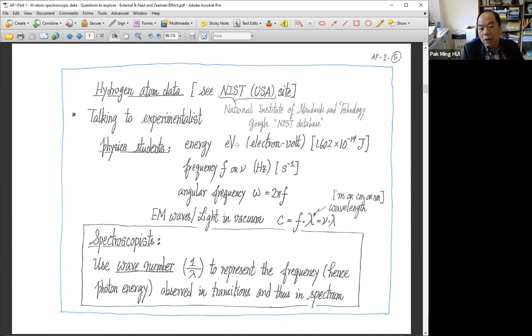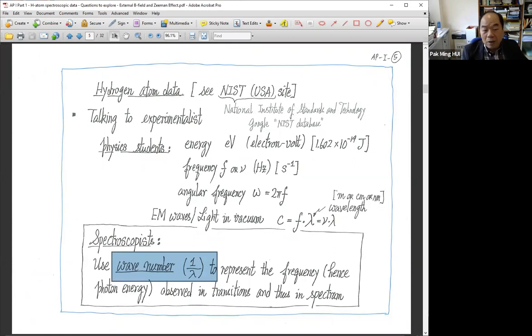Okay, so but before showing you the table, you better know the language that is used in the data books. So the language they use is wave number, 1/lambda. What does it mean?